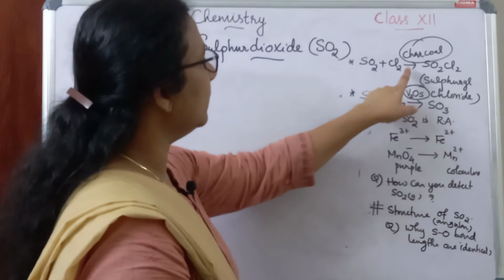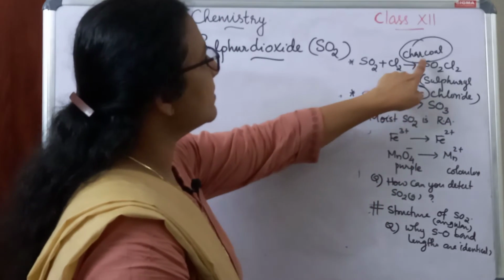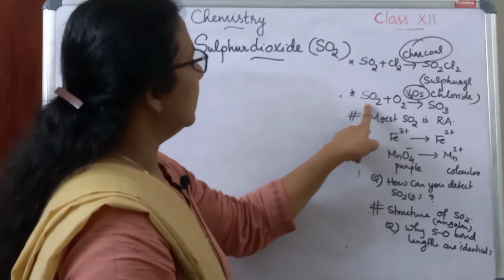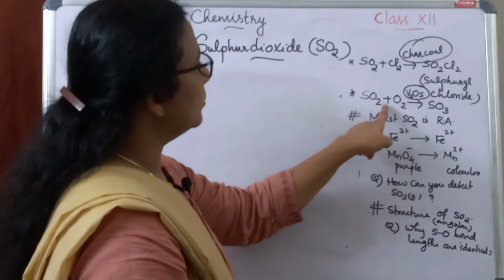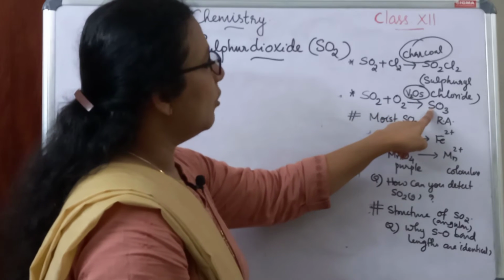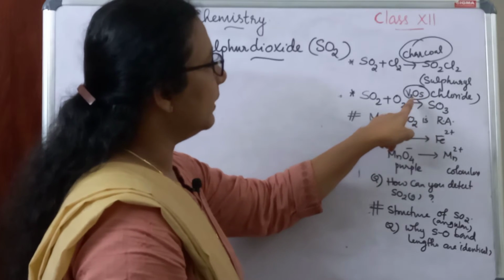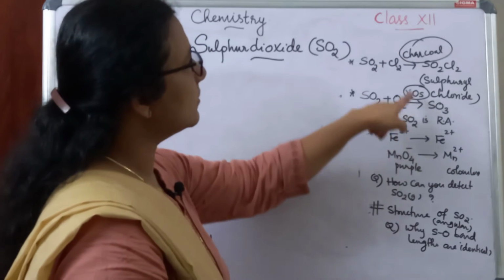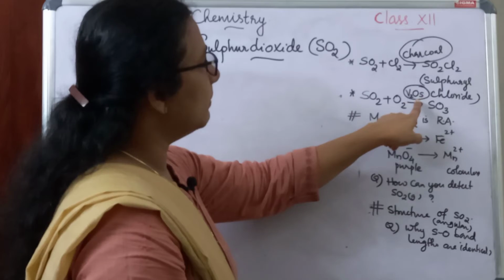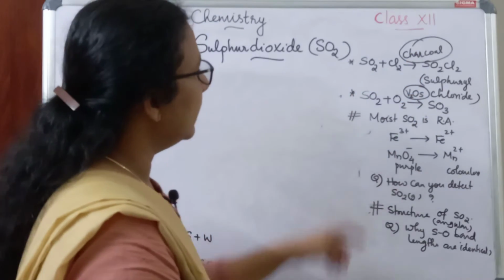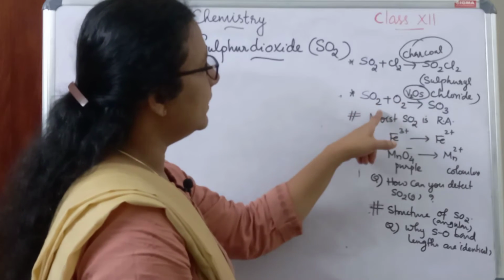Sulfuryl chloride is formed, and the important point is that charcoal is used as the catalyst. In another reaction, SO2 plus O2 forms SO3. Here V2O5, vanadium pentoxide, is the catalyst used. In these two equations, you have to remember the name of the catalyst.